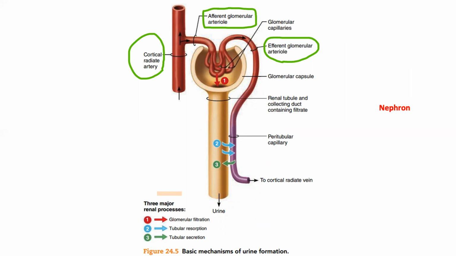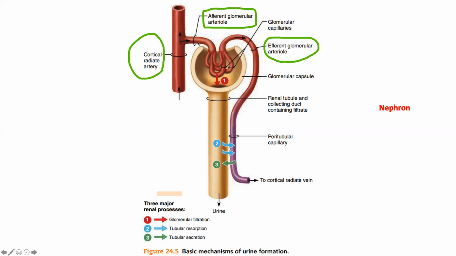If you remember the cortical radiate artery, from the cortical radiate artery comes a small artery, which we call an arteriole, coming into the socket, which we call the glomerular capsule.